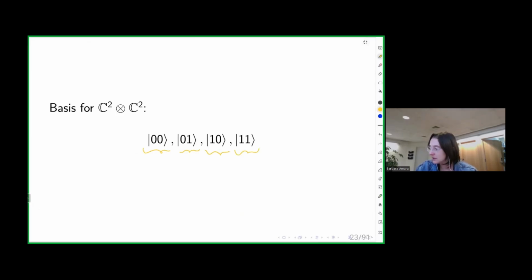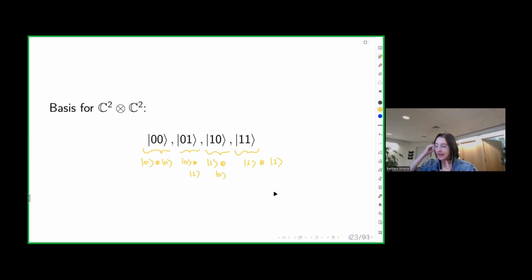So this is 0 tensor 0, 0 tensor 1, 1 tensor 0, 1 tensor 1. Okay. This is the basis.